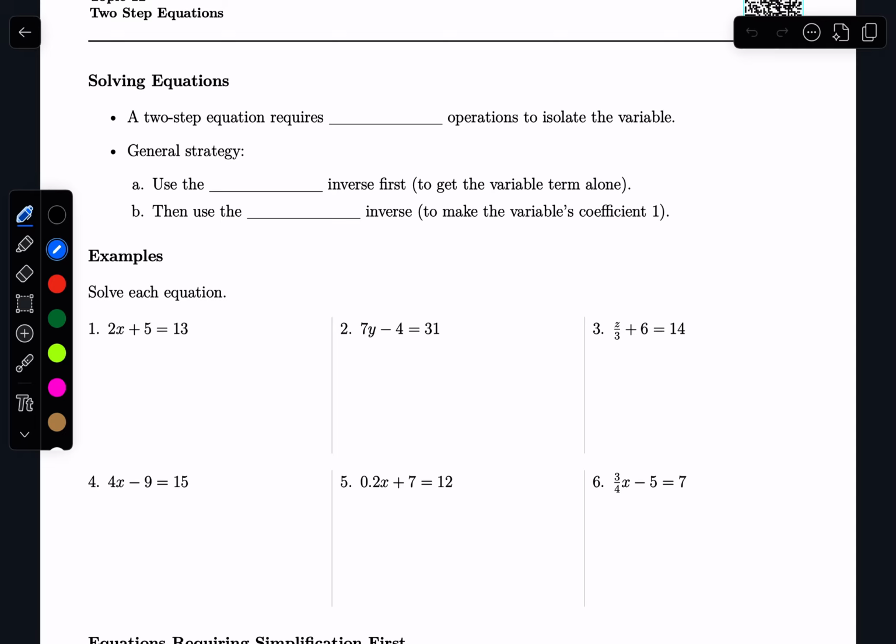A two-step equation is going to differ from a one-step because instead of just doing one inverse operation, a two-step equation is going to require two inverse operations in order to get that variable isolated.